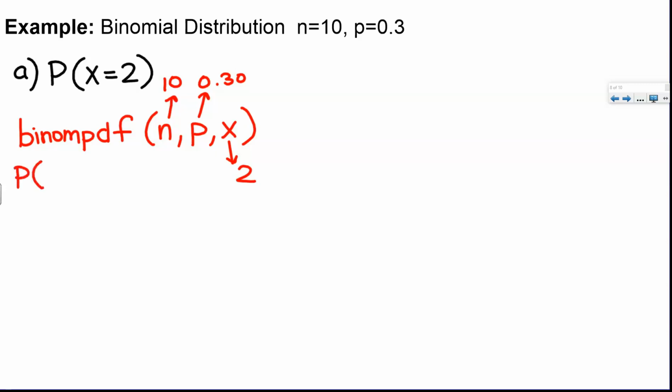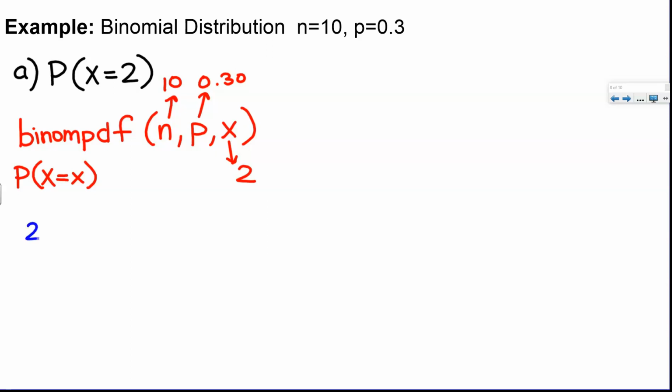So we're going to use this binomial PDF anytime we're trying to find the probability that X is equal to a certain number of successes. So it only works when you're finding X equal to something.